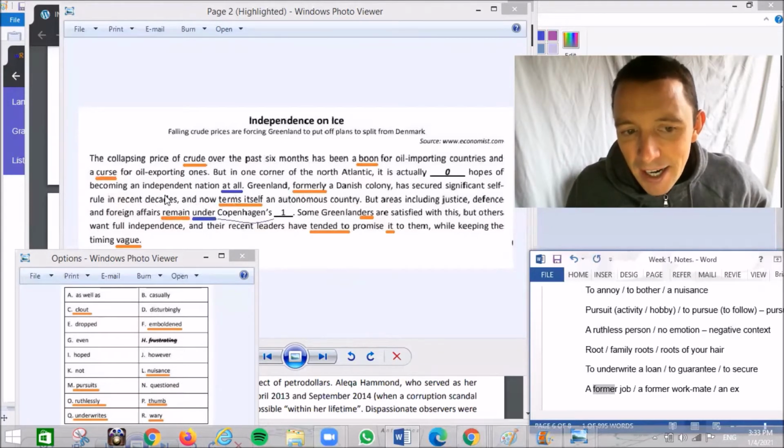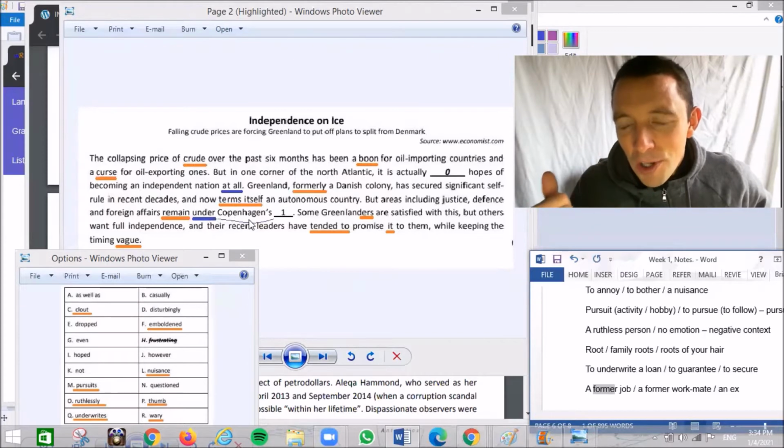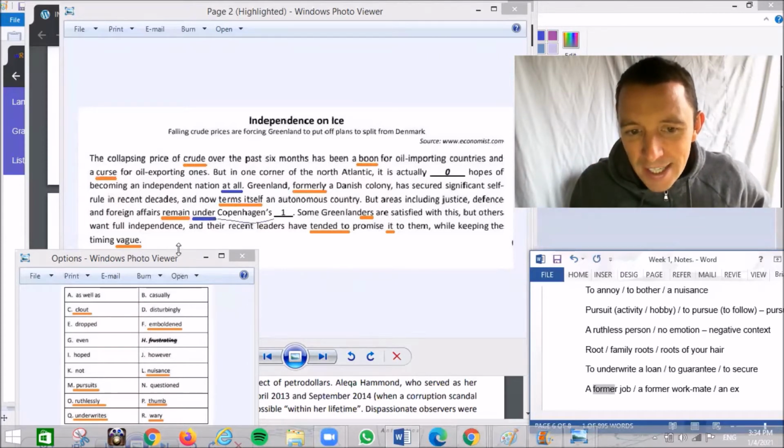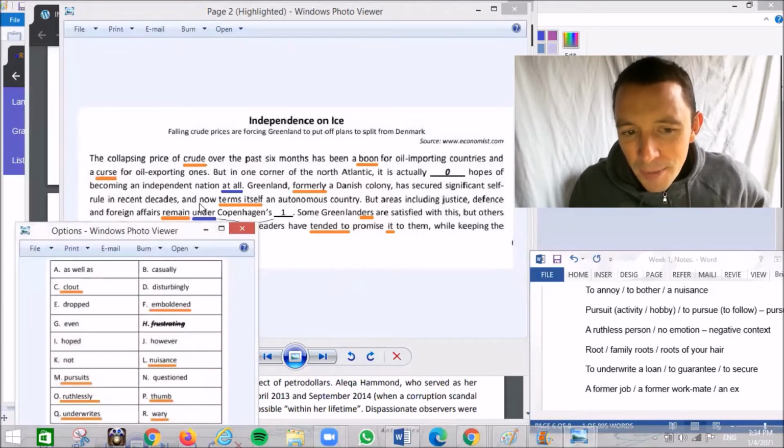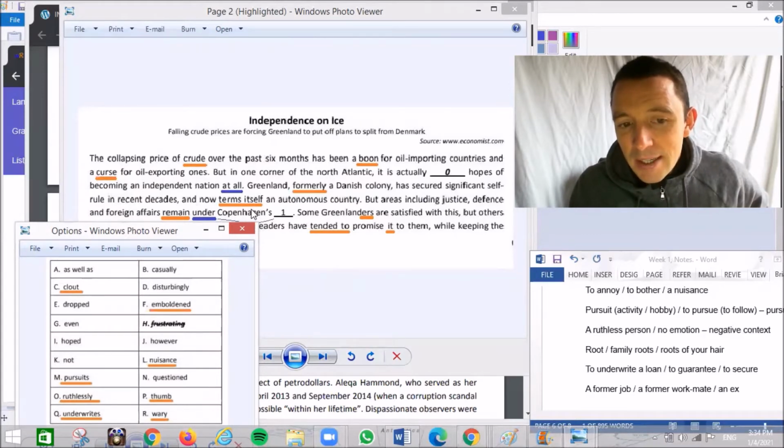Remain is like quedar, stay, and then under is the key. And in relation to the context of the article, it's related to power, control, authority. So we're looking for a word in the list similar to power, under somebody's power, under somebody's control, under Copenhagen's rule, regla. So this could be possible vocabulary.